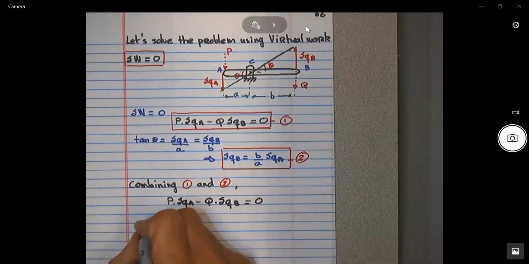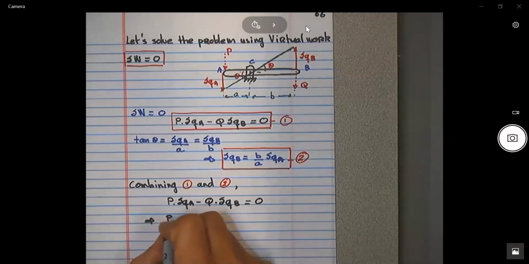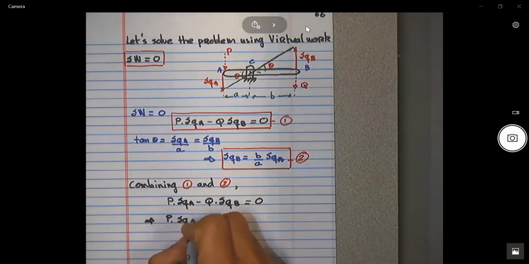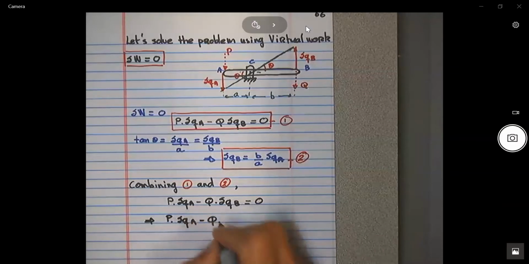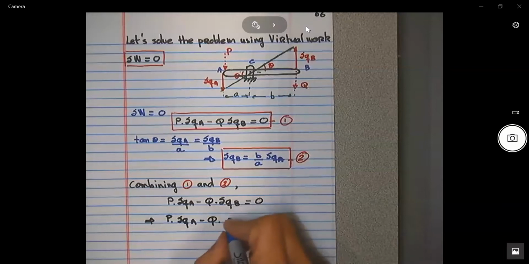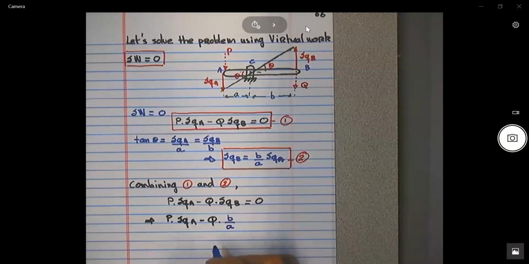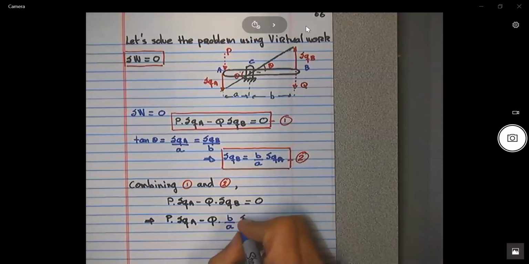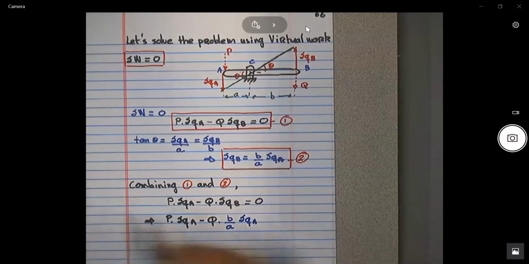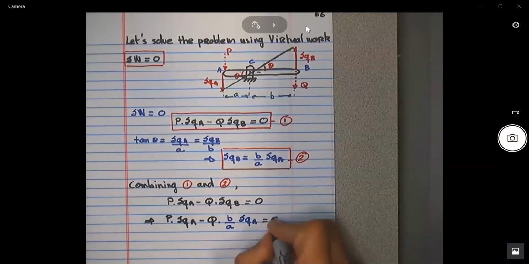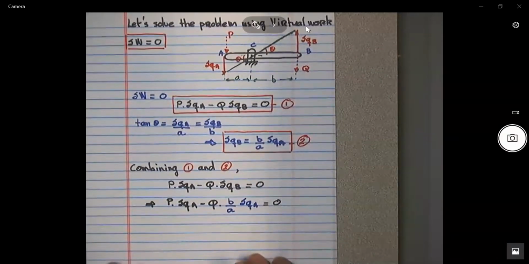This is equivalent to P delta Q sub A minus Q times B over A times delta Q sub A, and this is equal to 0.